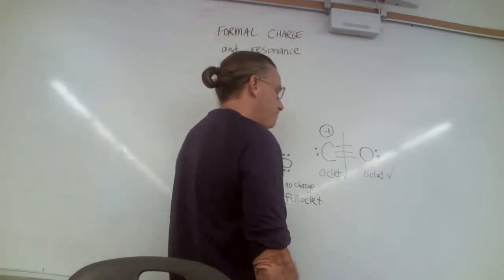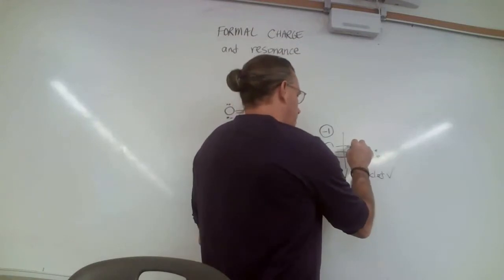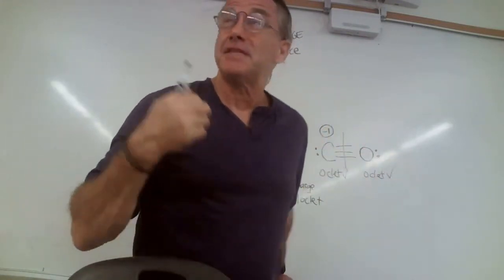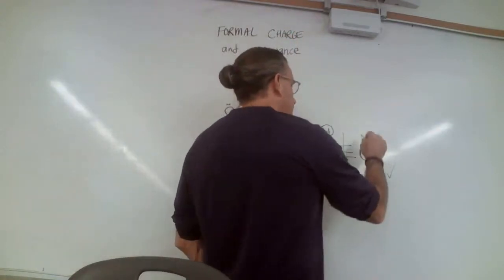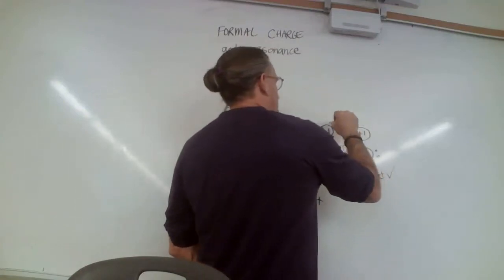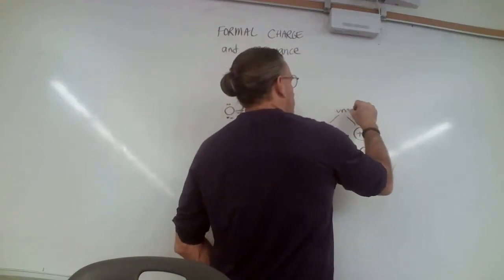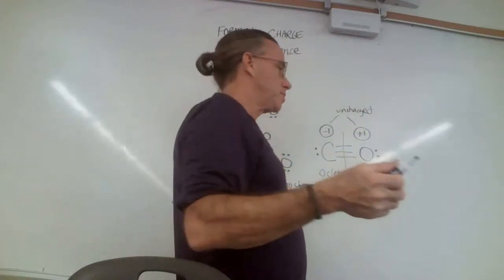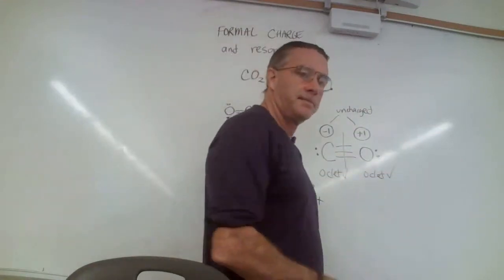Tell me what you get. You should get 1, 2, 3, 4, 5 there also, but it's supposed to have 6. It's short 1. This is +1. Overall, it's uncharged. And this is the best you will do to draw the structure of carbon monoxide.